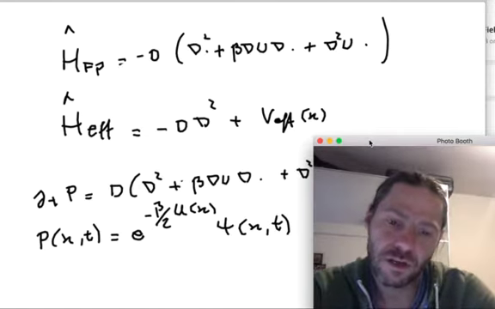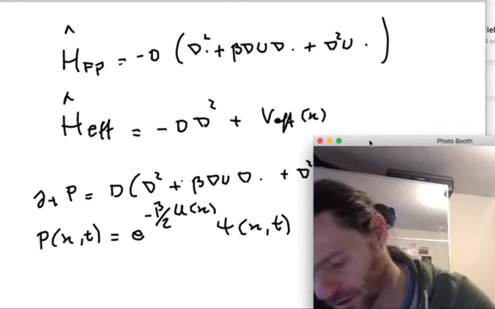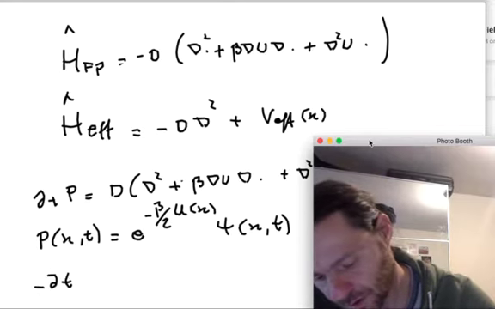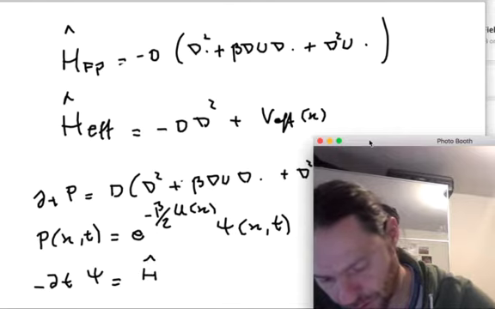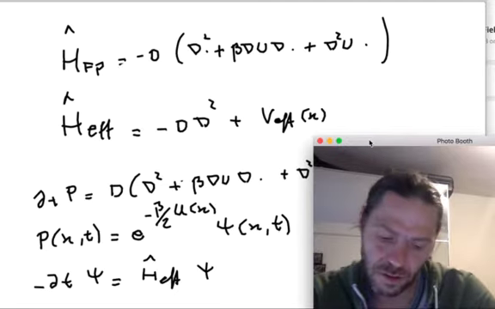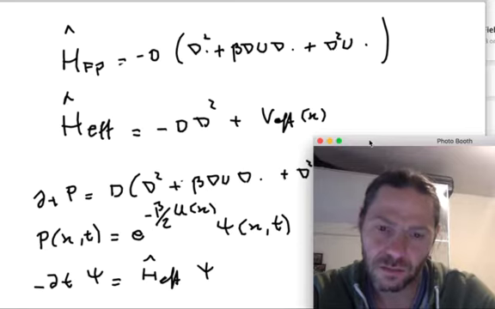And then if you do this, you plug it into your equation, you get the Schrödinger equation for your wave function psi.